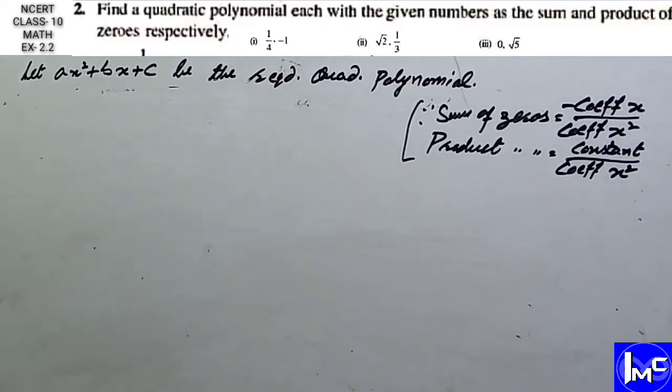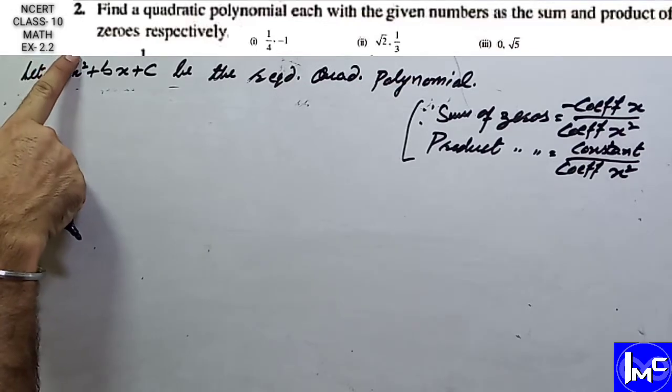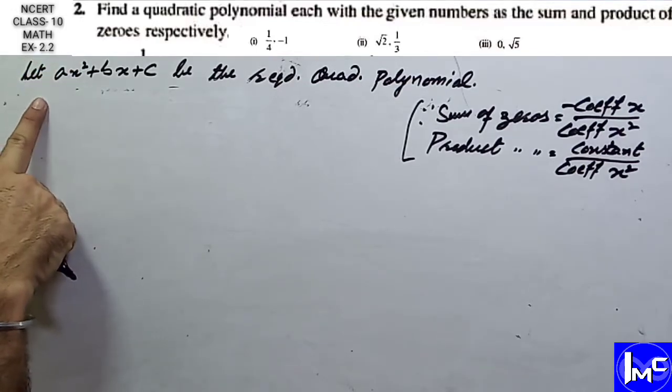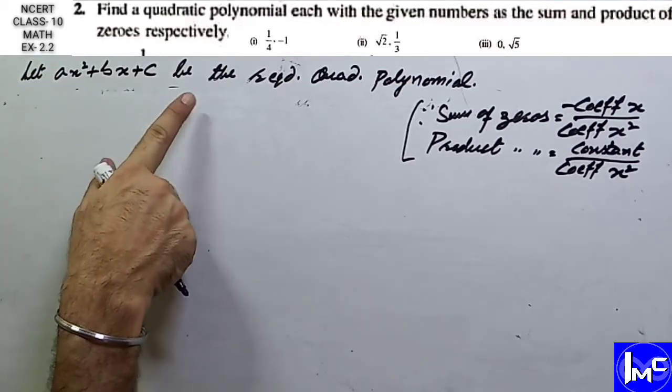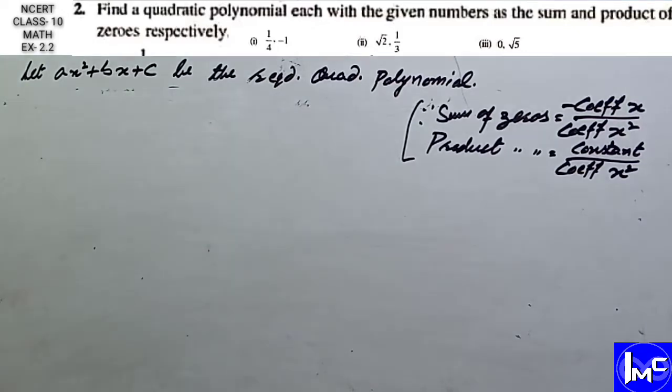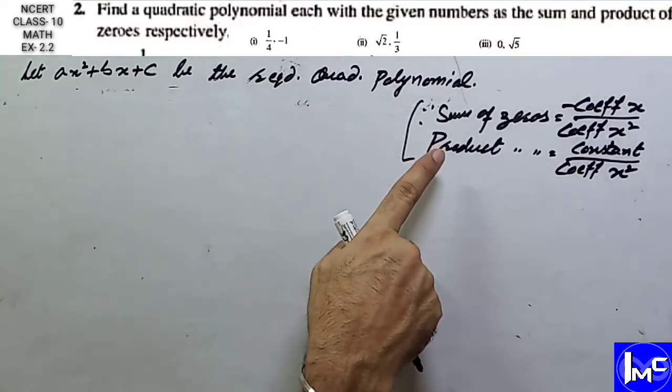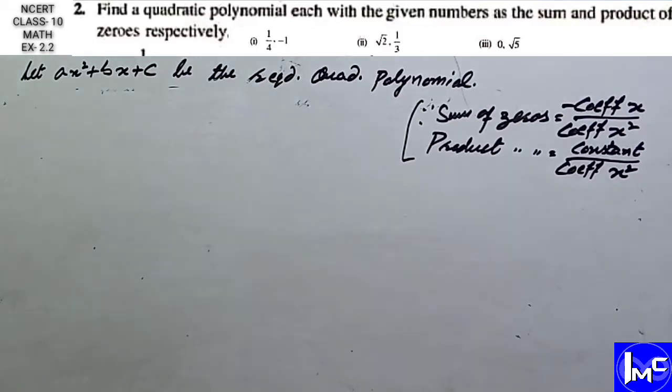Next question is 0 and under root 5. First step is same. Let ax square plus bx plus c be the required quadratic polynomial, and we know that sum and product of zeros are as given.